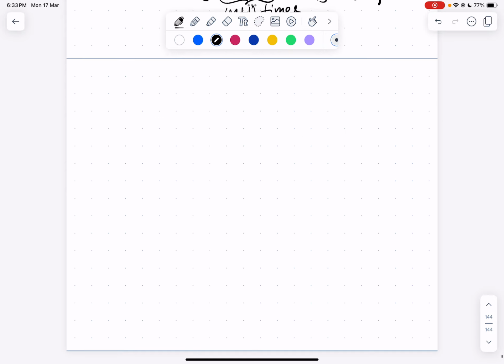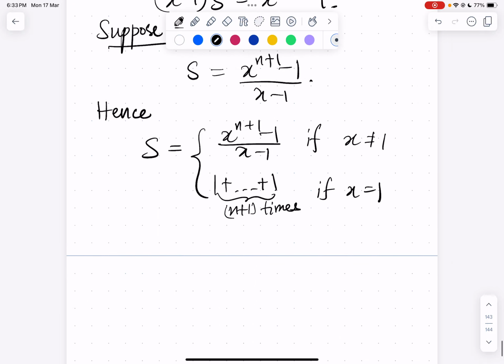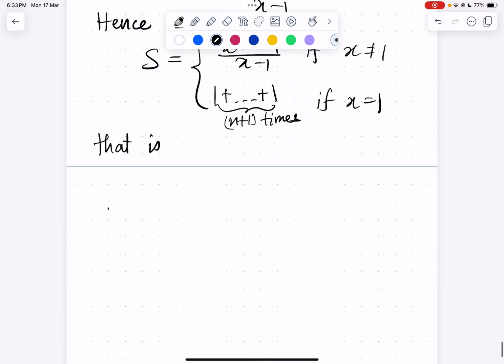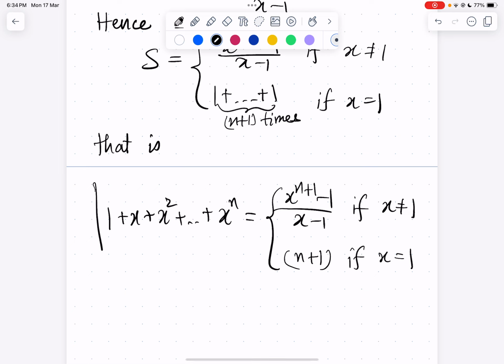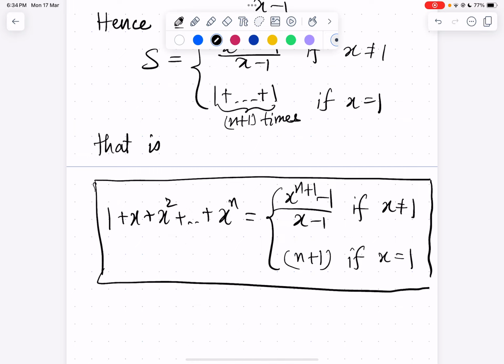Hence s, that is 1 plus x plus so on till x power n, is x power n plus 1 minus 1 by x minus 1 if x is not equal to 1, and n plus 1 if x equals 1. This is the simplification of the sum of these powers.